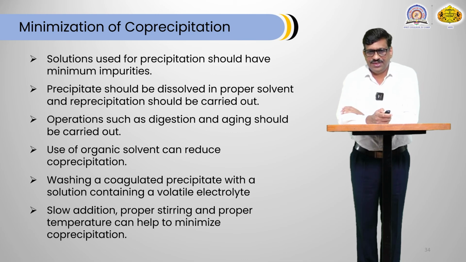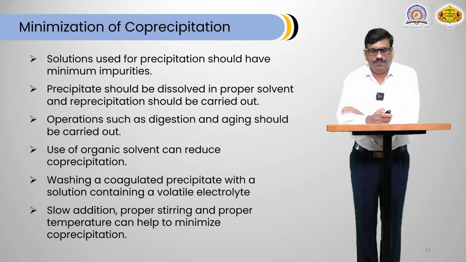Operations such as digestion and aging should be carried out. We have to allow that precipitate to stand for 10 to 24 hours, or we have to warm that precipitate with mother liquor, and that is called digestion. Use of organic solvent can reduce co-precipitation.